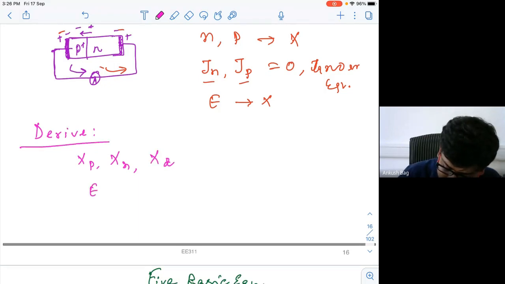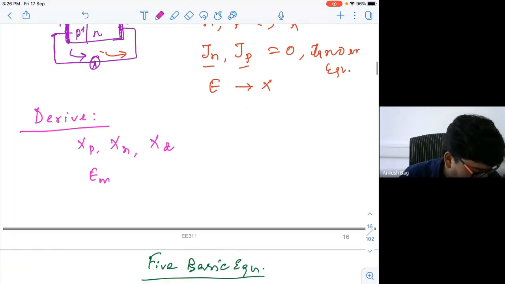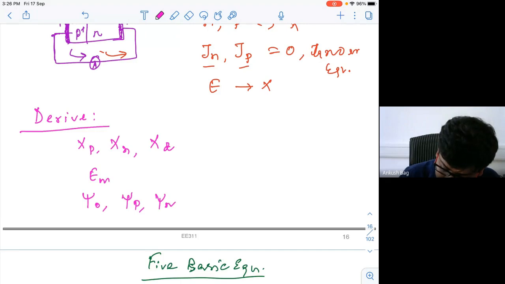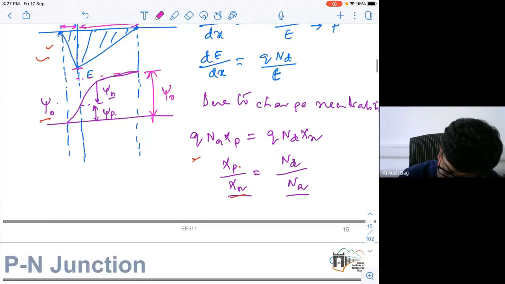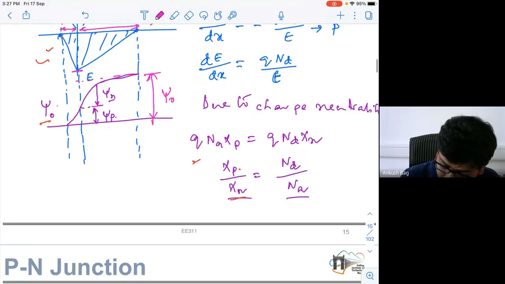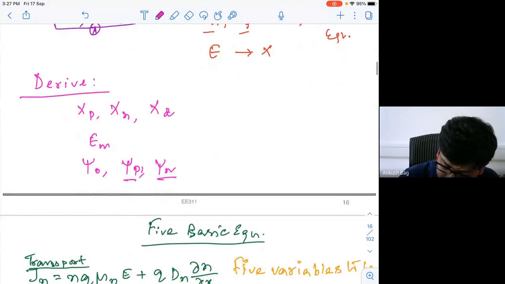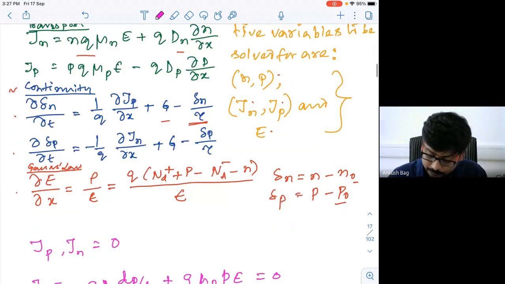Then the maximum electric field at the metallurgical junction, and psi naught, psi p, and psi n. Again, psi naught equals psi p plus psi n. This is the built-in potential within the p side, and this is the built-in potential in the n side, which we discussed yesterday. So these are the parameters we'll try to derive.